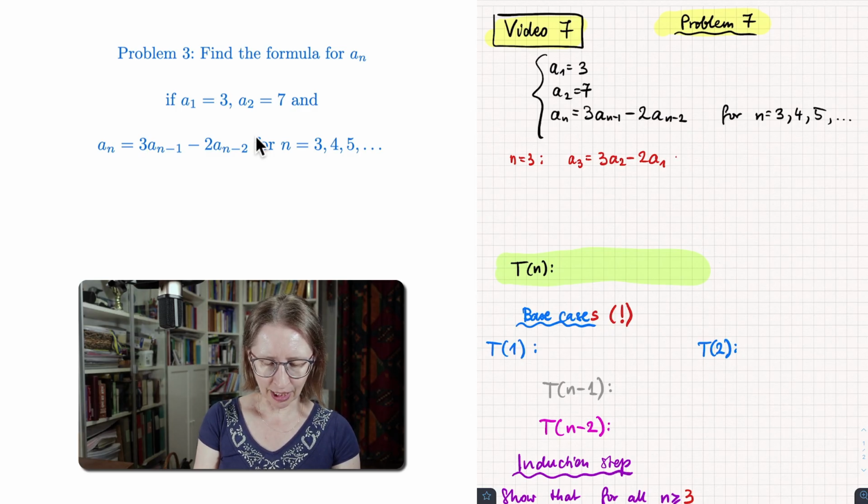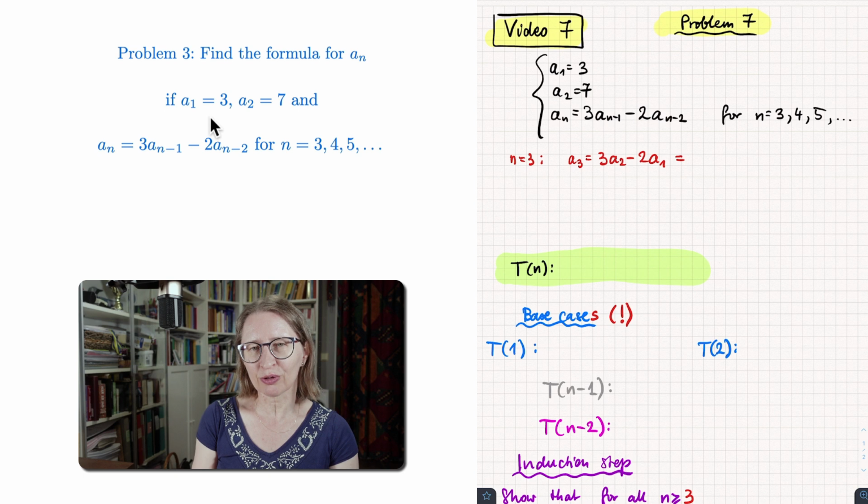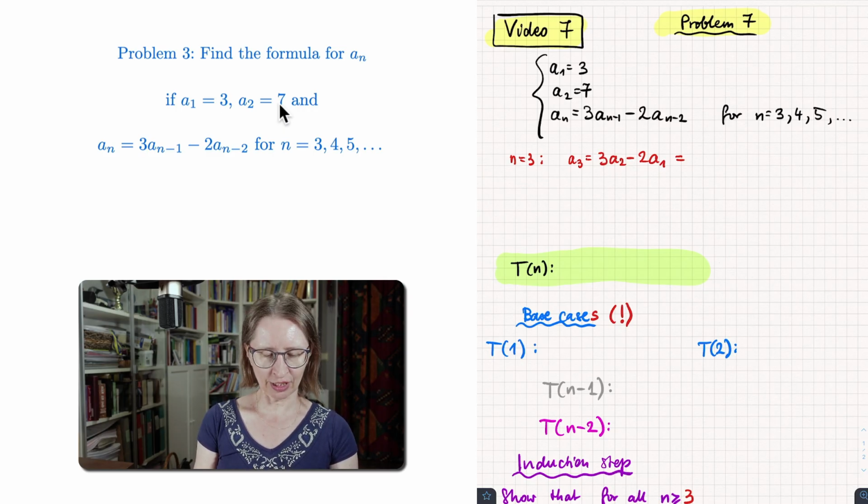And now we can apply the definition of the sequence, because we have the two first elements, both a_1 and a_2. First we have in our expression for a_3, 3a_2, which means 3 times 7, it is 21, minus twice a_1, which is 6.